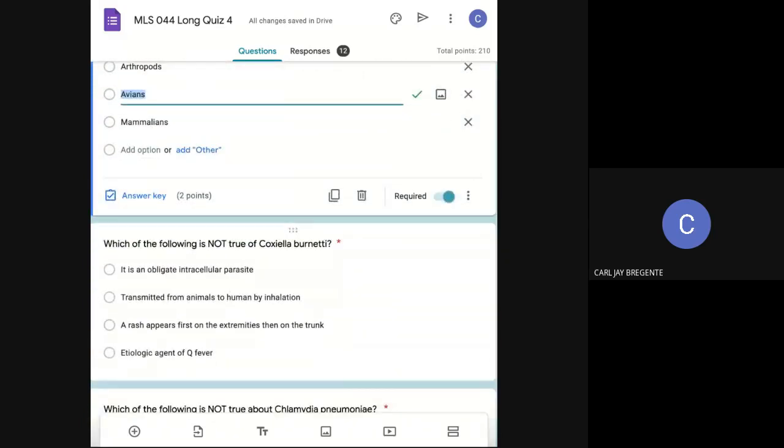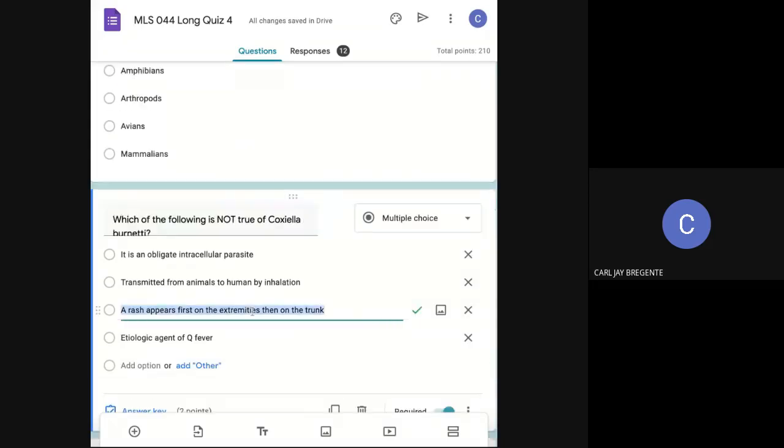Which of the following is not true of Coxiella burnetii? Coxiella burnetii is an obligate intracellular parasite. It is transmitted from animals to humans via inhalation, and it is the etiologic agent of Q fever.